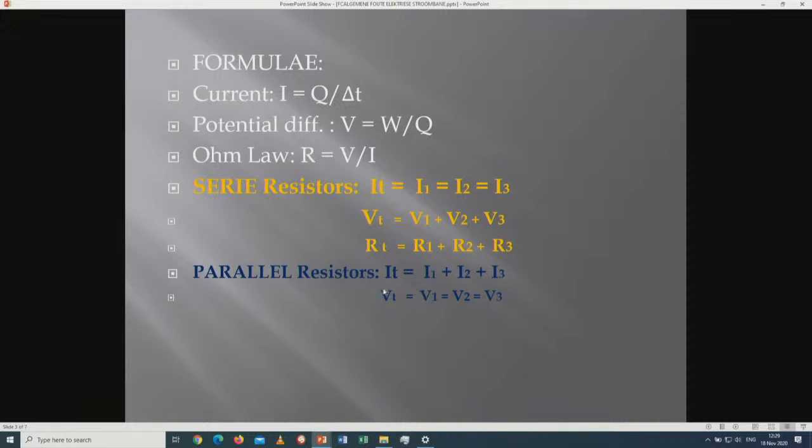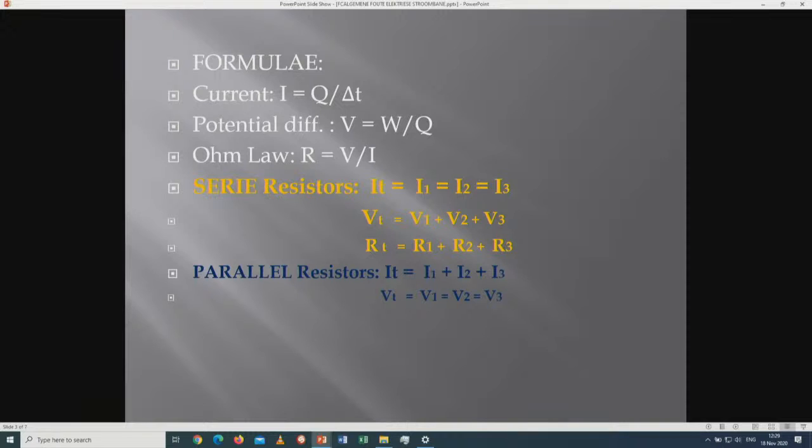And then, very important, the potential difference across your different resistors in parallel: say for instance you have a circuit with 3 resistors in parallel, and your external potential difference across the cells is, let's say, 11.5 volt.